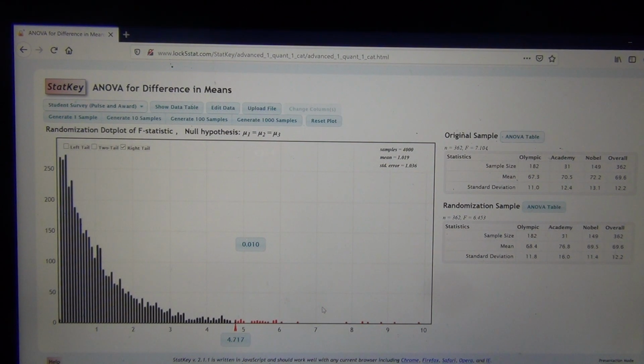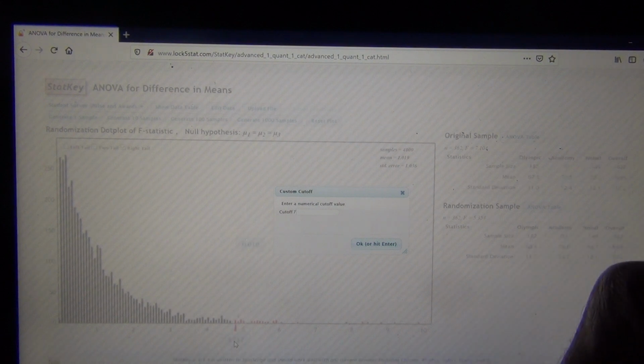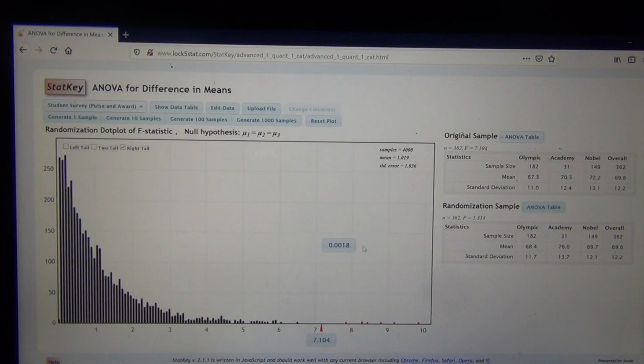All right, now what about the p-value? Remember, this is just showing me the tail right now. This is not a p-value. The p-value is the probability of the original sample data. So we've got to figure out this original sample F. The original sample F, 7.104, type that in this bottom box right here. There we go, and there's our p-value.